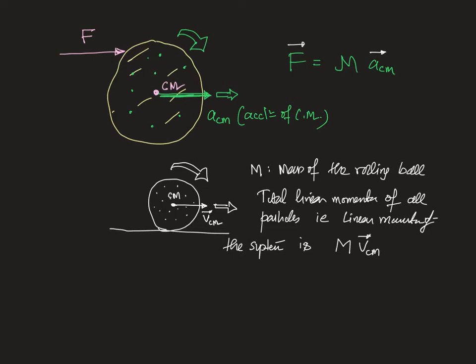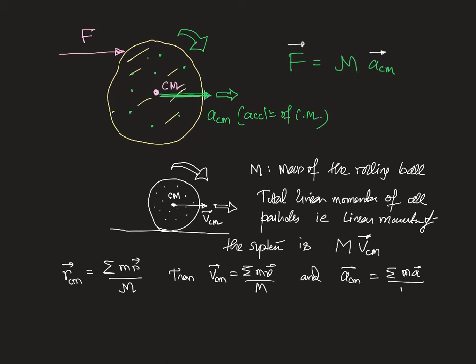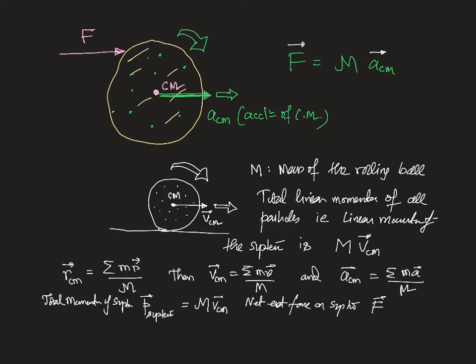By the way, what we have learned till now is that if you define the position vector of center of mass as R_cm equal to sigma m r divided by M, then V_cm is equal to sigma m v divided by M, and A_cm is equal to sigma m a divided by M. So the total momentum of the system, P, is equal to m times V_cm, and the net external force on the system, F, is equal to m times A_cm.